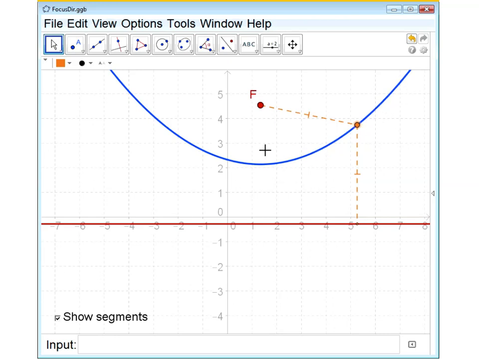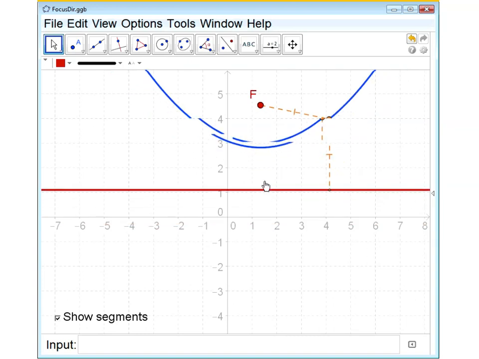This is another way to come up with the graph of the parabola. And this is called the geometric construction because we're using geometric properties. And it's based on where the focus is and where the directrix is.